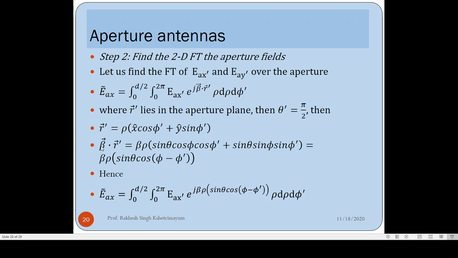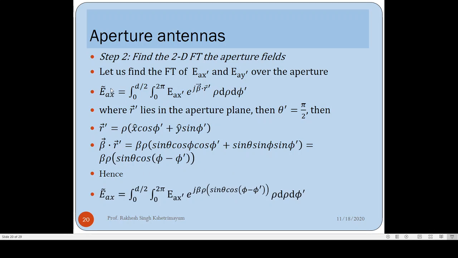But when you do the dot product, we are not interested in the z component because r dash has only x and y components. So beta dot r dash will only require these two terms: beta rho sin theta cos phi cos phi dash plus sin theta sin phi sin phi dash. Again, you can take out beta rho sin theta common, then the remaining terms cos phi cos phi dash plus sin phi sin phi dash will become simply cos of phi minus phi dash.